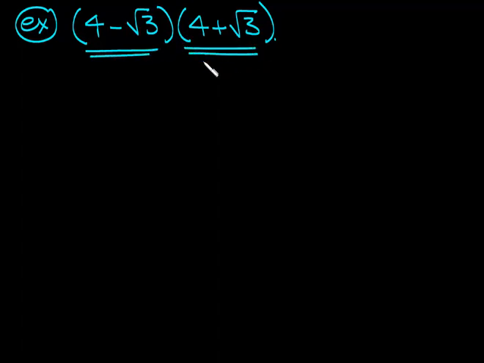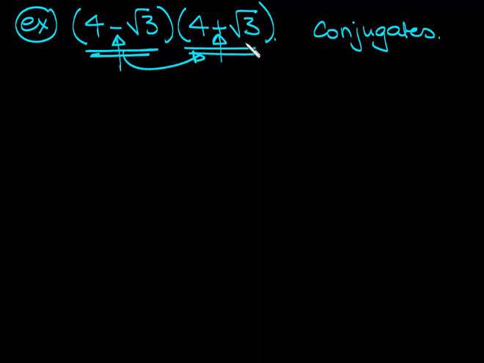Anytime you have two terms that are identical, the only thing that's different is the one in the middle, then we call them conjugates. So the conjugate of this is this, and the conjugate of this is that. So they're exactly identical. The only thing that's different is the sign in the middle. Okay, the only thing that has to be different is the sign in the middle, and they become conjugates. And conjugates are extremely important.